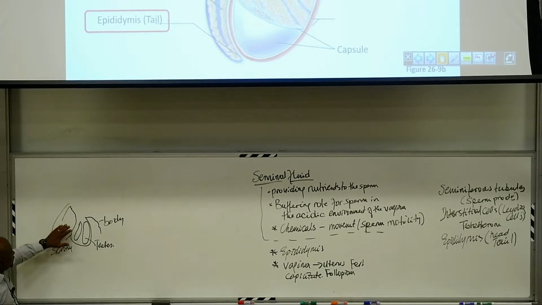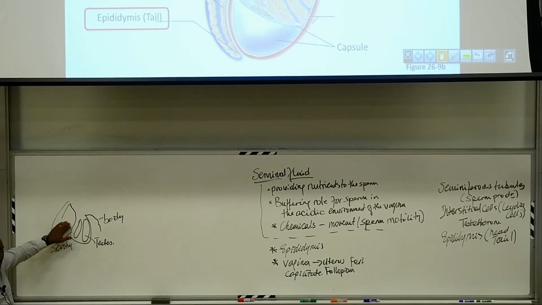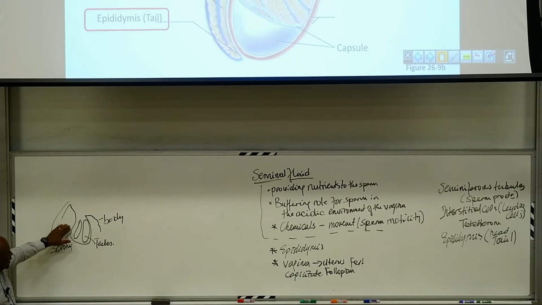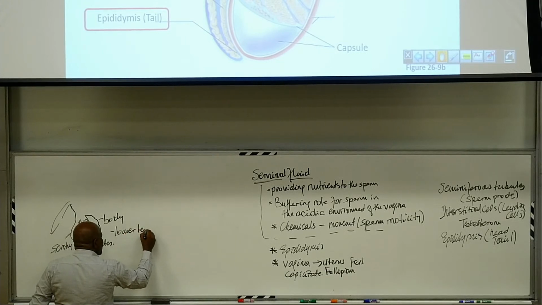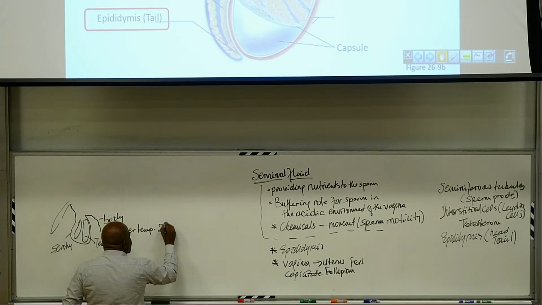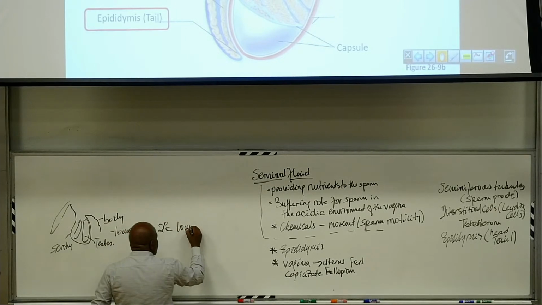So for sperm production to happen, the optimal environment in the testis should be a lower temperature, which is normally 2 degrees Celsius lower than the body temperature.